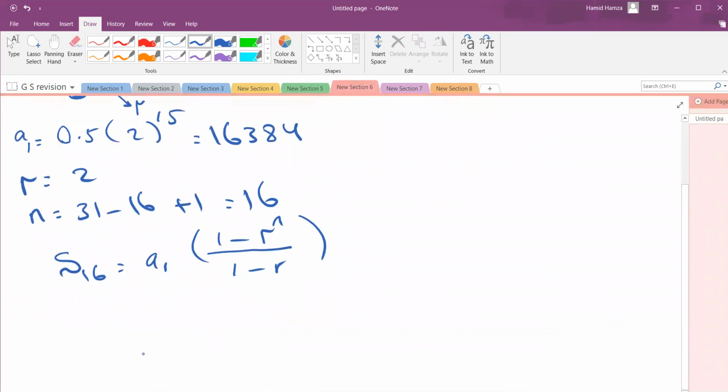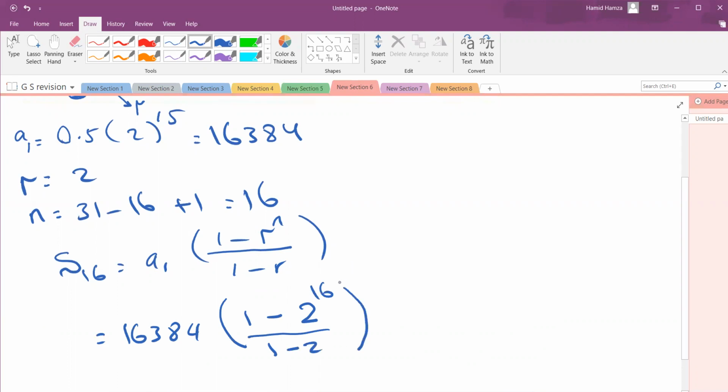So, guys, A1 is 16384 multiplied by 1 minus R power n. R is 2, power n, that means power 16, over 1 minus R, that is 1 minus 2. Can you calculate this, guys?